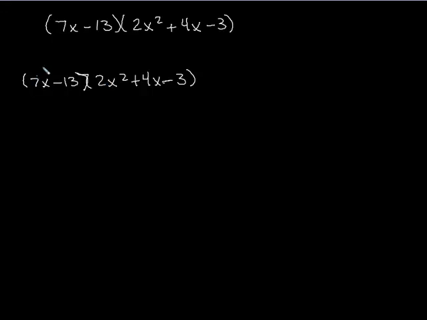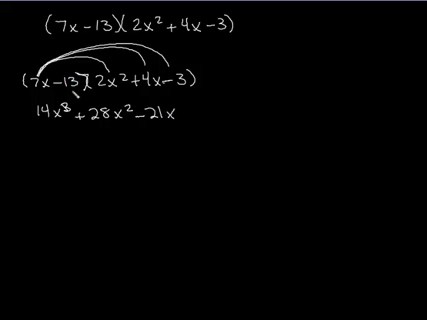Okay, I have 7x times 2x squared, which gives me 14x to the third. 7x times 4x, which gives me 28x squared. 7x times negative 3, which is negative 21x.